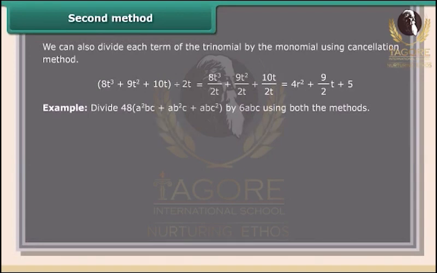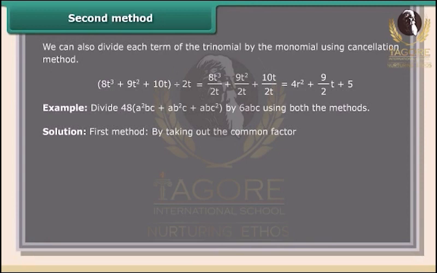Example. Divide 48 a square bc plus ab square c plus abc square by 6abc using both methods. Solution.